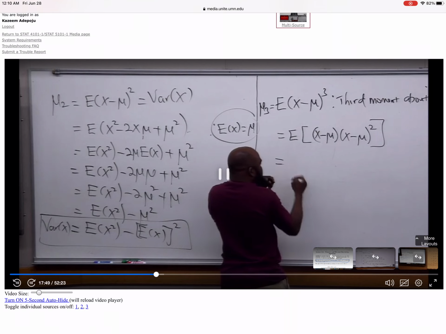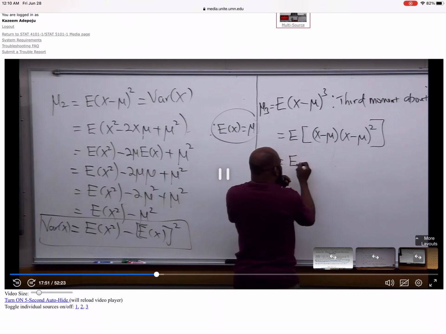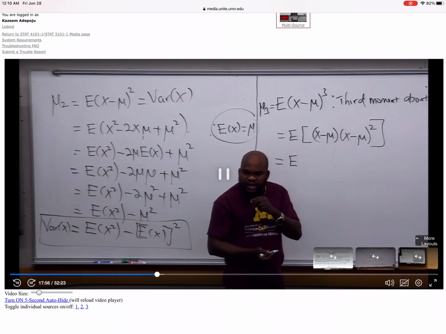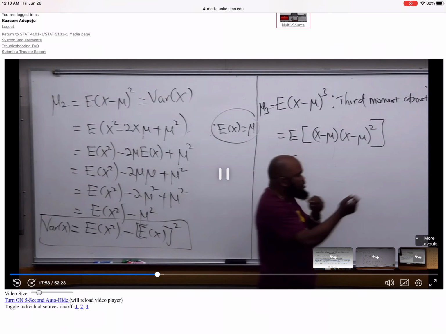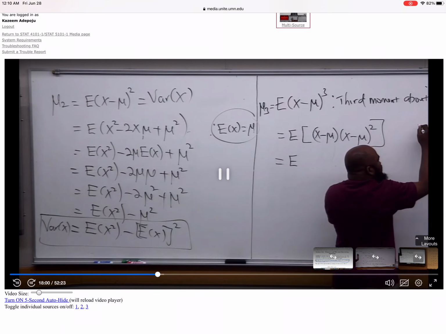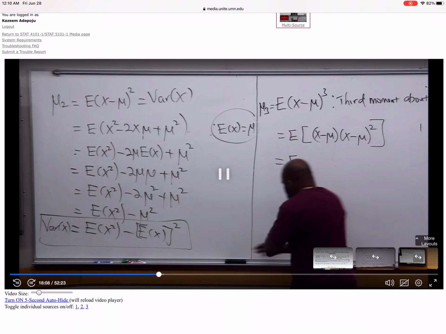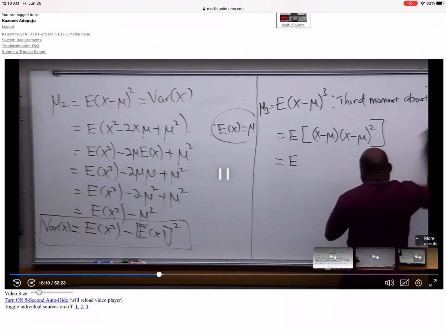You can even use Pascal's triangle formula. Has anybody heard about it before? 1 and 1, or 1, 2, 1, or stuff like that. So you can use that, or you can just simply do this: x minus mu.